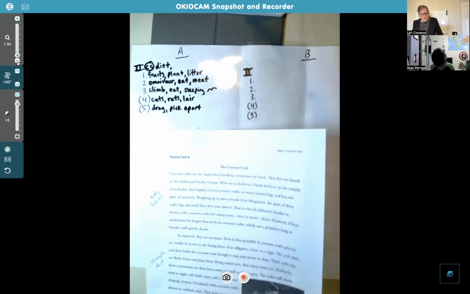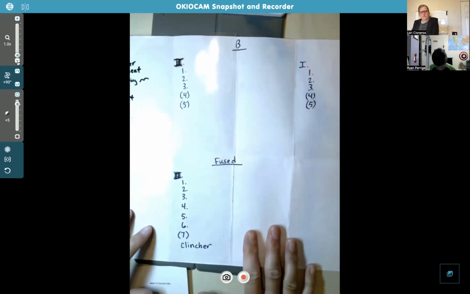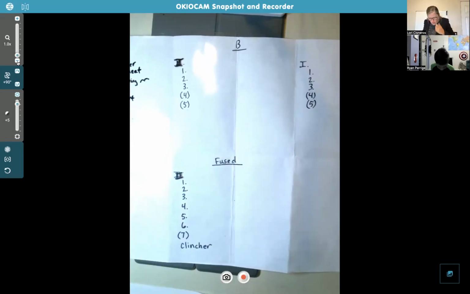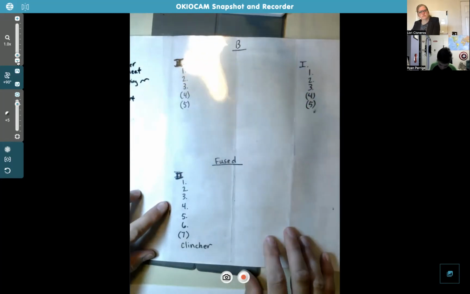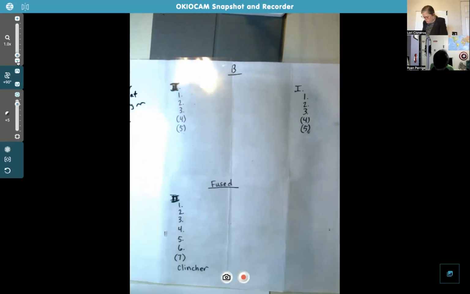Okay, so let's look at source text B. I think it's the second paragraph there too. So it talks about the fleshy fruits again, and the plant matter, like leaves, pitch, and fallen trees.